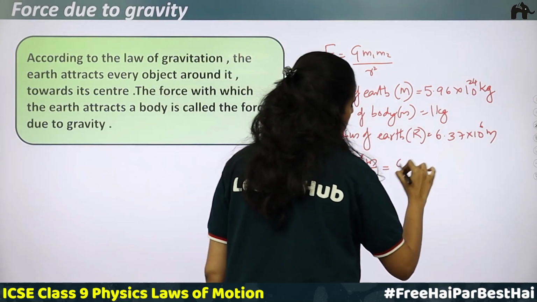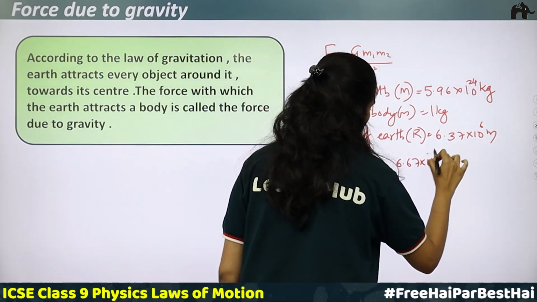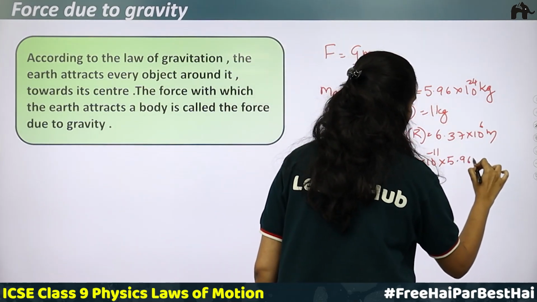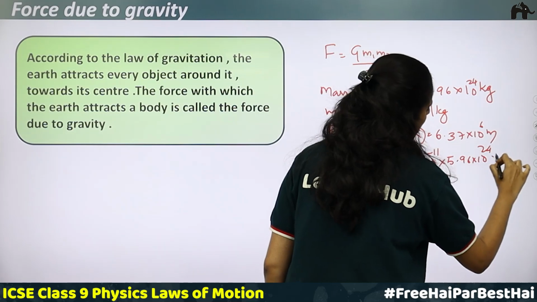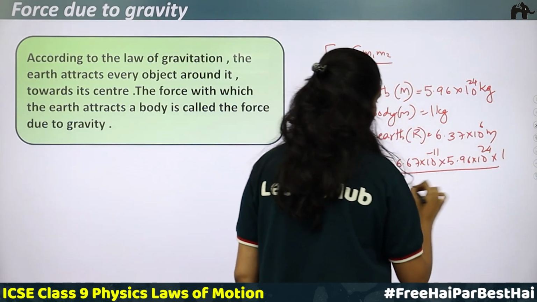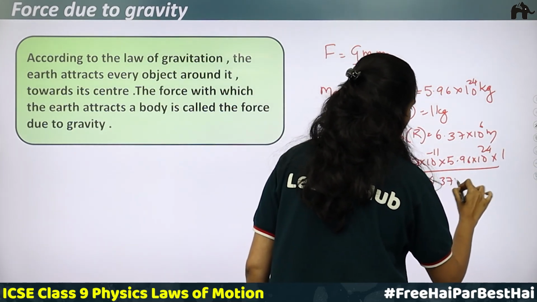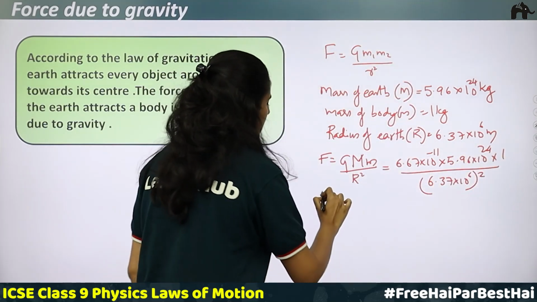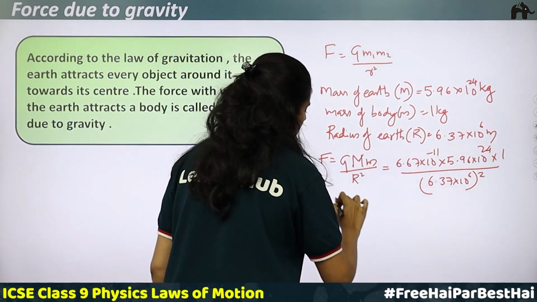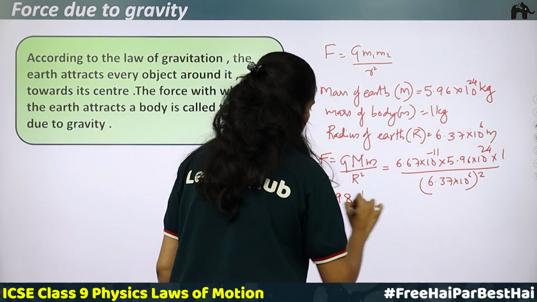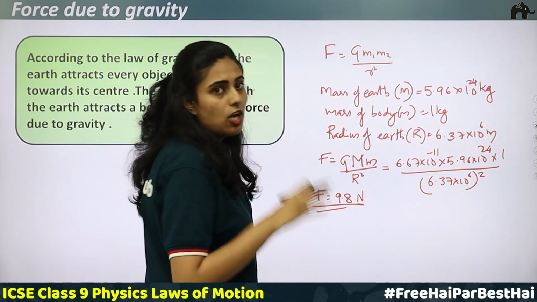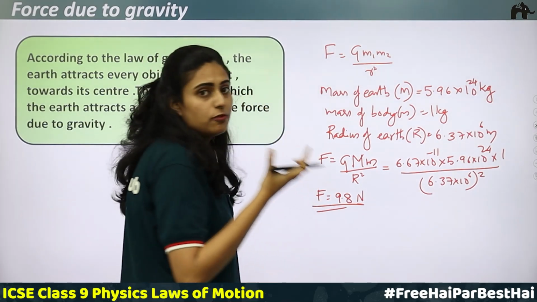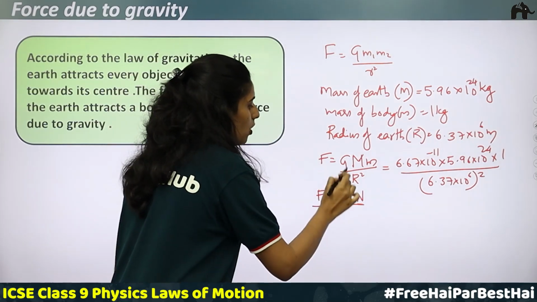Okay, which is equal to 6.67 into 10 raised to minus 11 into mass of earth 5.96 into 10 raised to 24, let the mass of body be 1 kg, divided by 6.37 into 10 raised to 6 whole square, radius of earth square. Okay, then F, we will be getting the value 9.8 Newton. So we can conclude that a body of mass 1 kg on the surface of earth will be having a force due to gravity equal to 9.8 Newton.